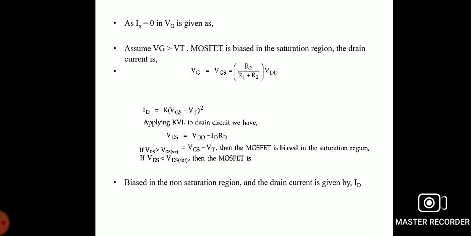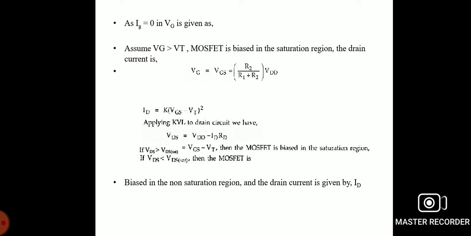If VDS is greater than VDS saturation, which is equal to the gate source voltage minus VT, then the MOSFET is biased in the saturation region. If the drain source voltage is less than the drain source saturation voltage, then the MOSFET is biased in the non-saturation region. The drain current is given by ID.